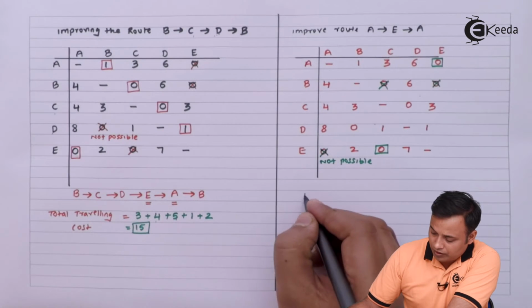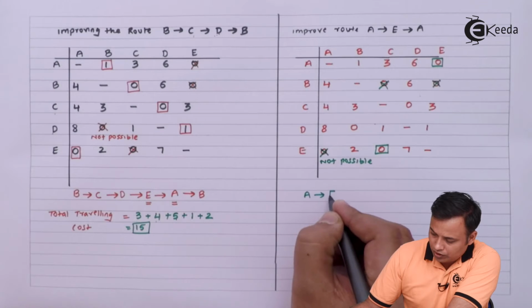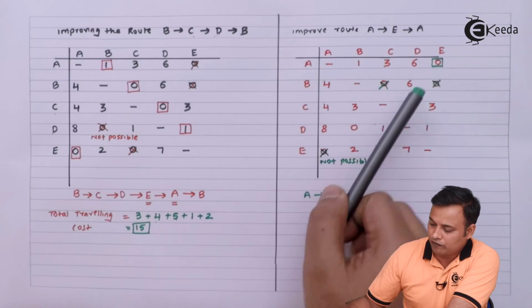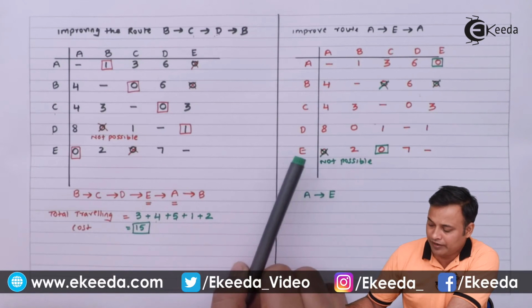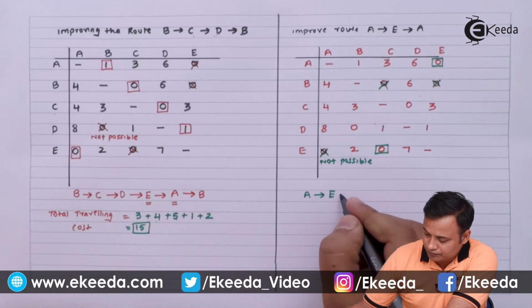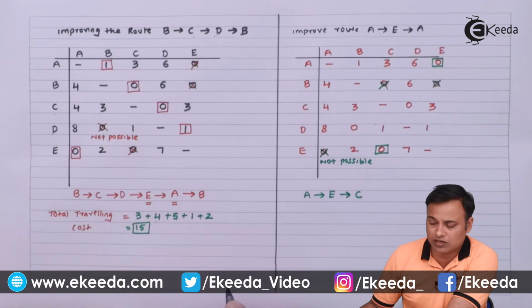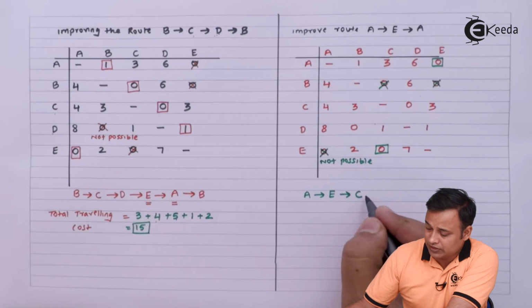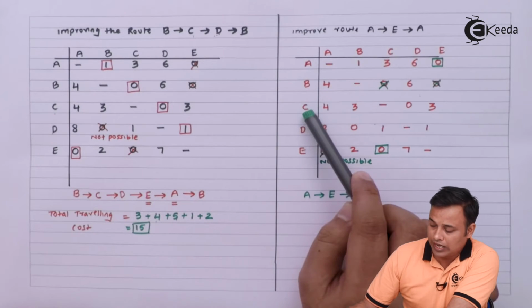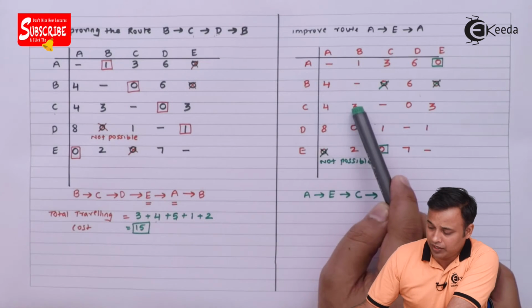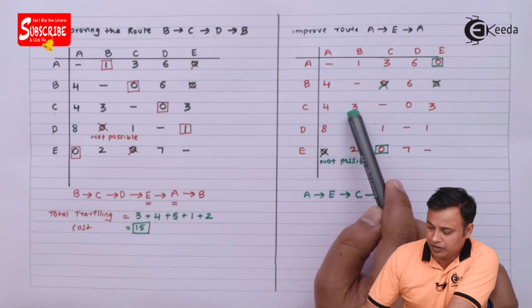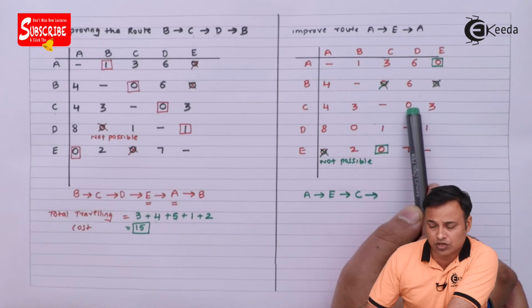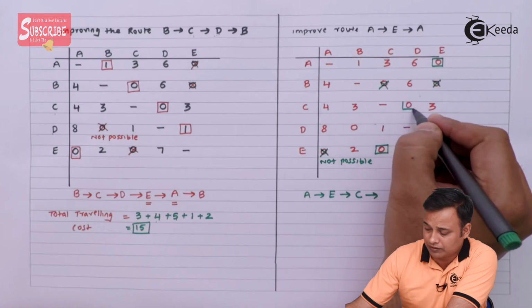So I went from A to E. From E I didn't go back to A, I went directly to C because I want to cover all the cities. Now from C I have to cover two more cities, B or D. B 3 rupees, D 0 rupees. So D is the cheaper one.